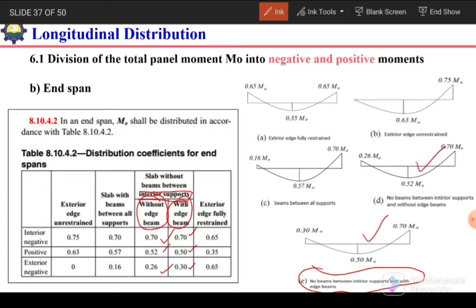This case will prevail. Then for an exterior edge fully restrained, it will be just like the interior panel. It is similar to the interior panel, because here both ends are fully restrained, so the bending moment on both edges will be the same.